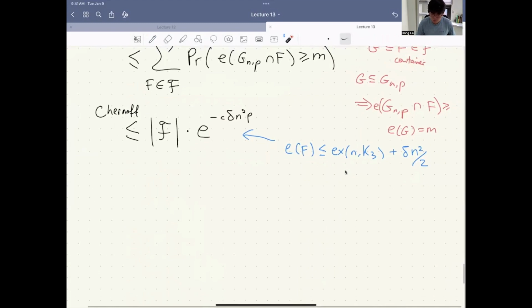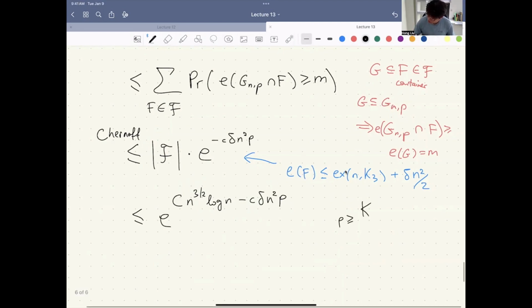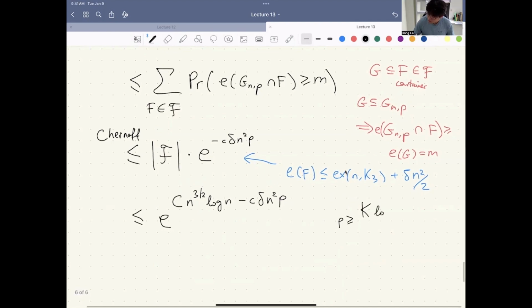Now, let's just plug in the size of this. It is e to the C n minus c delta n squared p. But remember, p is at least some sufficiently large absolute constant K times log n over square root n.